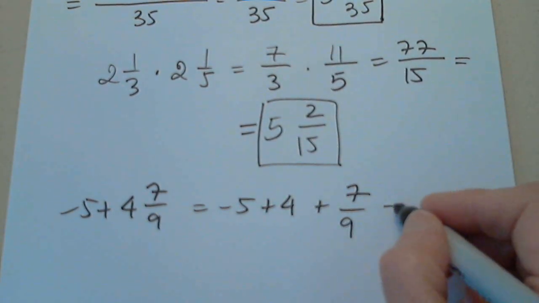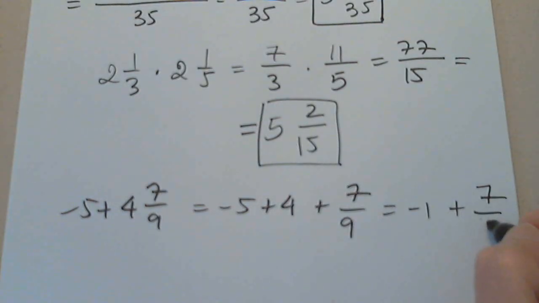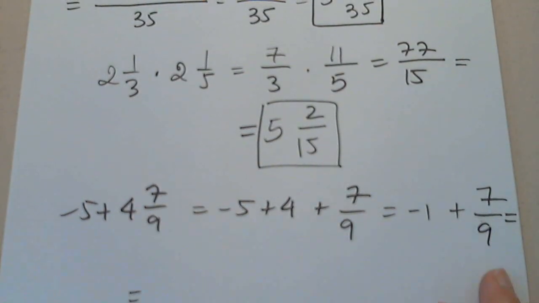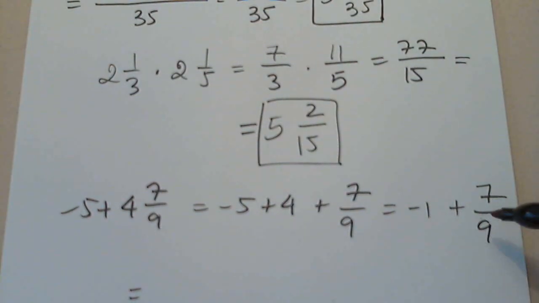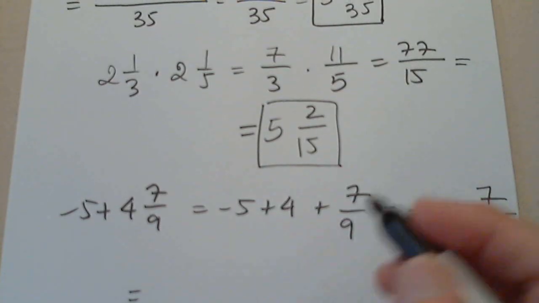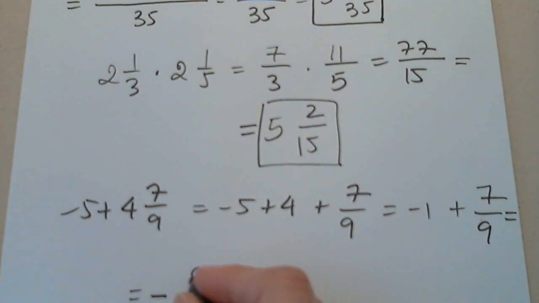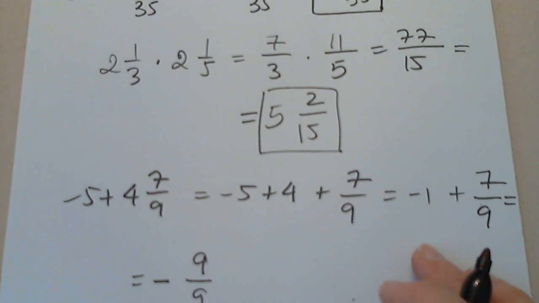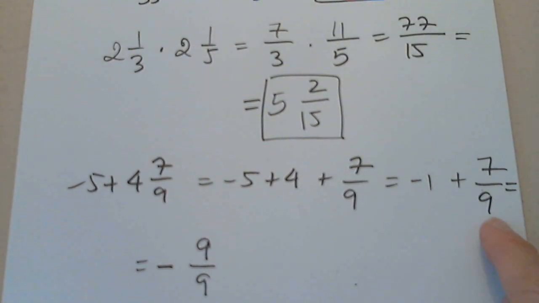-5 plus 4 is -1. Plus 7 over 9, you have to be careful. Because -1, if you look at something over 9, this is indeed -9 over 9. Why did I write it like this? Because of the next denominator.